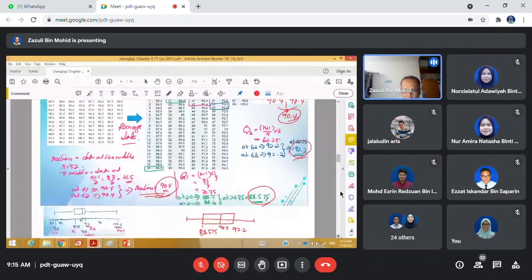This is the IQR. So IQR is equal to the difference between Q3 and Q1. Okay, 92.2 minus 88.575. You can calculate it.